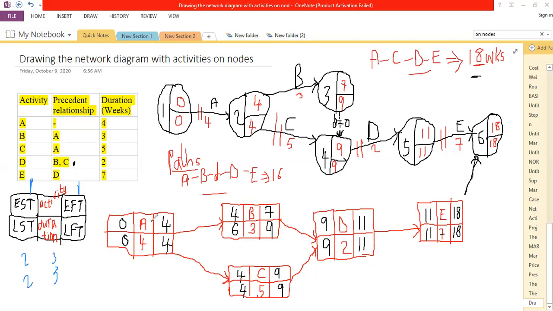So our critical path would be given by path A through C, through D, and finally at E. And we can label the critical path as path A, C, D, E. How long is it going to take us to complete our project? 18 weeks.